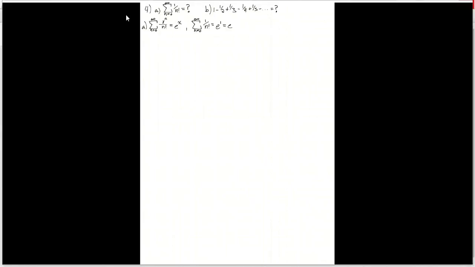So let's go ahead and look at b now with the same kind of idea. We have this 1 minus 1/2 plus 1/3 minus 1/4 plus 1/5, right? Well, is there some kind of power series that resembles this? Well, we do have x minus x over 2 plus x over 3 minus x over 4 plus x over 5, and so on.